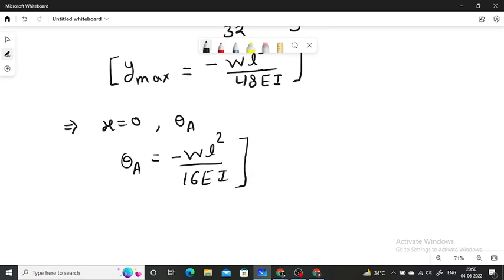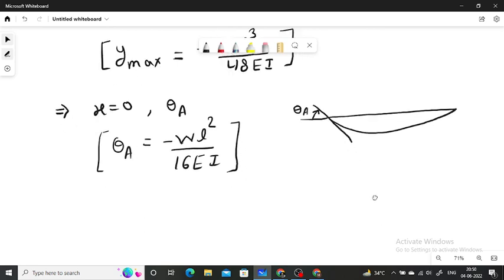Here the minus sign shows that the slope at the point A is greater than 90 degrees, and this slope is calculated from the minus x-axis in clockwise direction. This minus sign shows that this angle is calculated from the minus x-axis in clockwise direction.